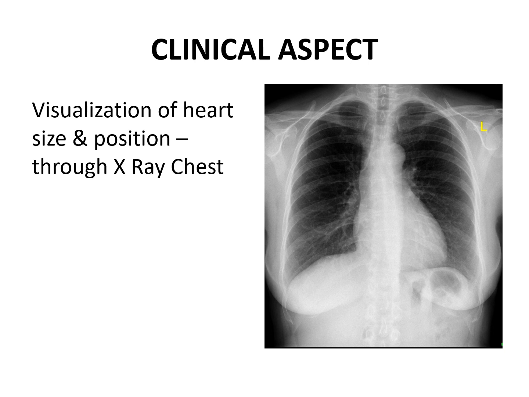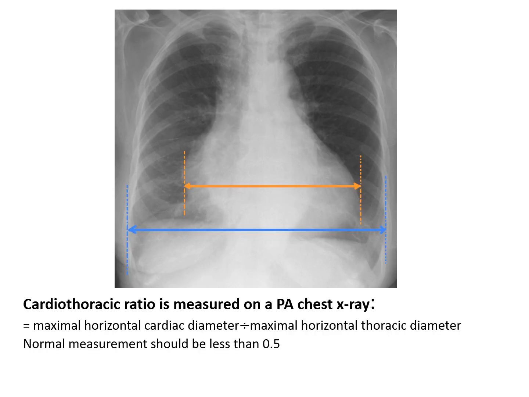Visualization of the heart in the living can be done by a simple plain X-ray of the chest, generally in the posterior anterior view. In this, we measure the cardiothoracic ratio, and this measurement can also tell us about the size of the heart.